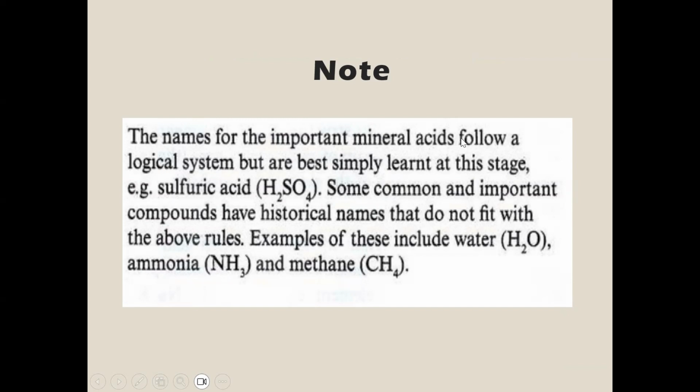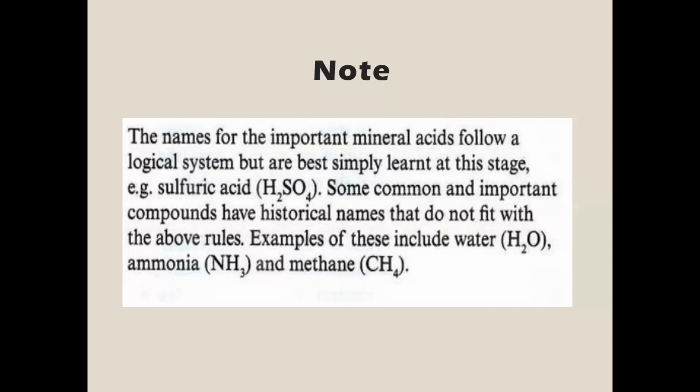So the names of important mineral acids follow a logical system of naming, but are best simply learned at this stage, like sulfuric acid. We don't say dihydrogen sulfate. No, its name is sulfuric acid.